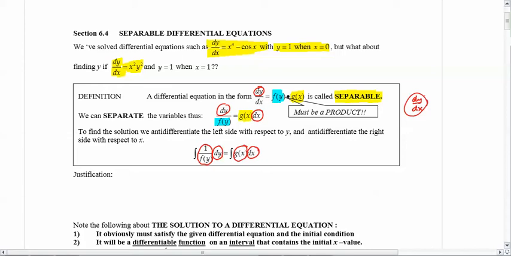I start with dy/dx equal to a function of y times a function of x. I can certainly rewrite the right-hand side nicely by getting rid of my function of y, dividing both sides by f of y, which is the same as multiplying by the reciprocal.